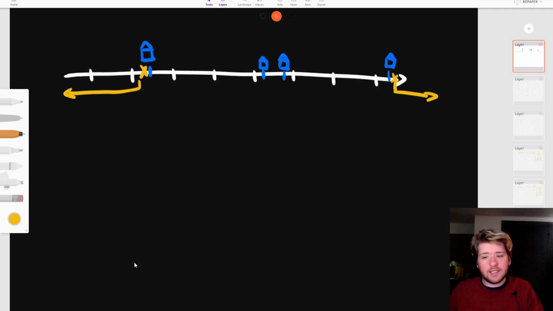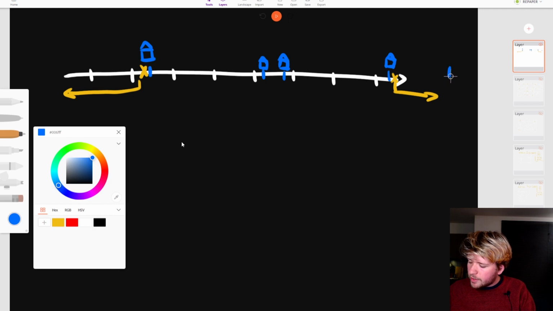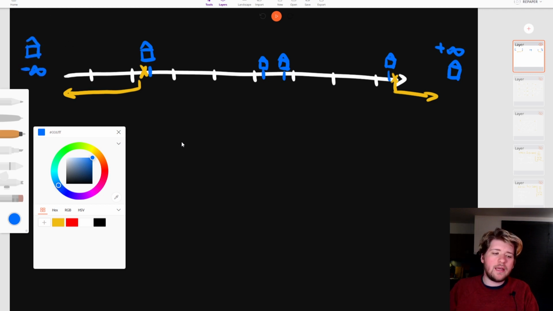So one thing I did was to create another hut at position plus infinity and another one at minus infinity here. And in that case, we can consider this segment as a real segment. And since the distance between those is infinite, we will have the area of influence as large as we need.